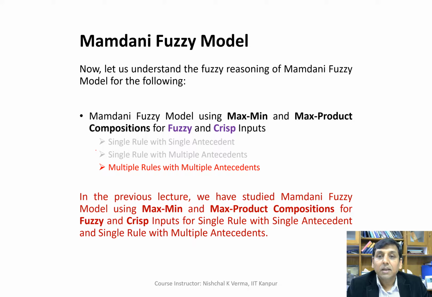Here, let us understand the fuzzy reasoning of the Mamdani fuzzy model using max-min and max-product compositions for fuzzy and crisp inputs for multiple rules with multiple antecedents.